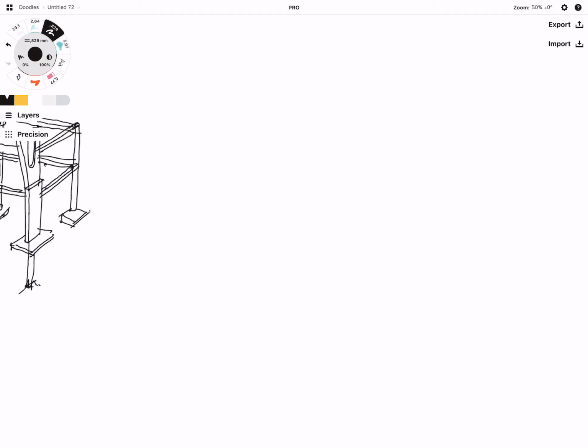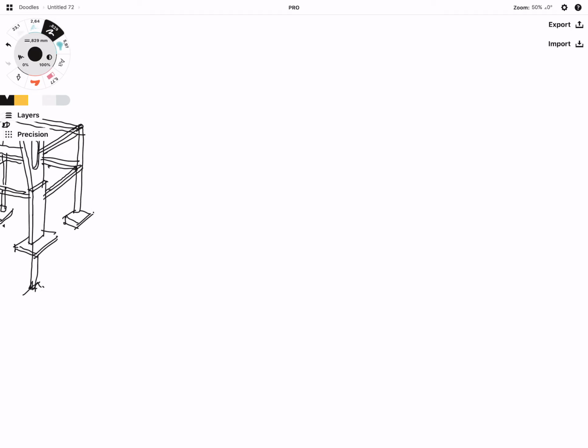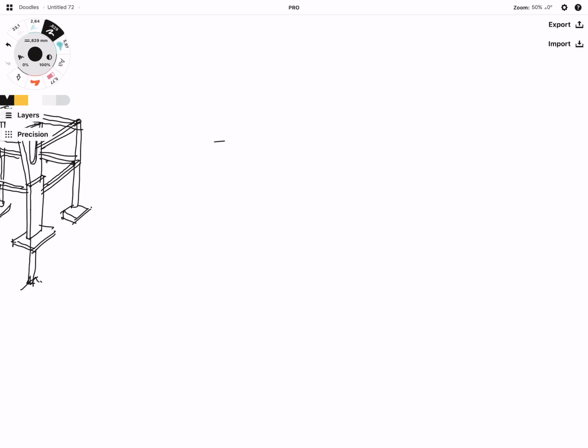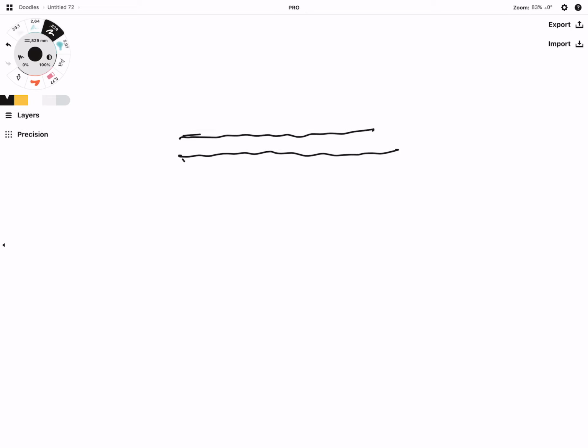What would a drawing like this look like in section? So let's draw this. I've got a concrete slab. I've got a screed.